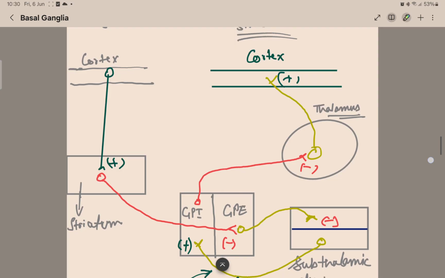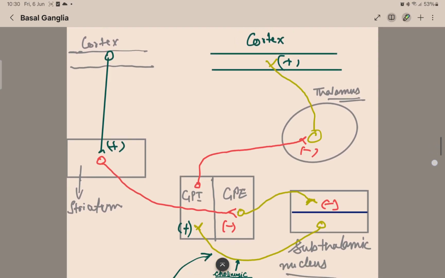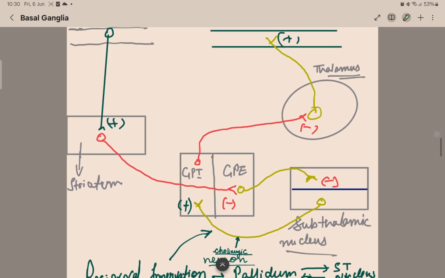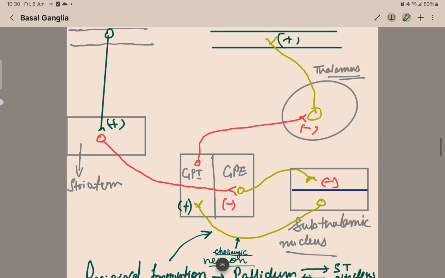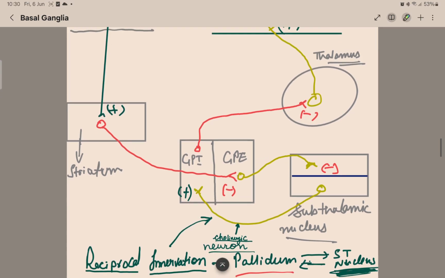to thalamus to cortex. So let us solve the circuit now.